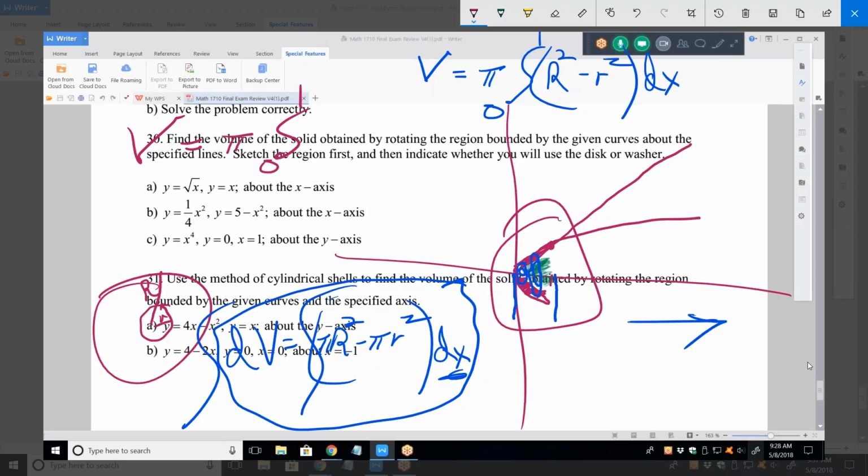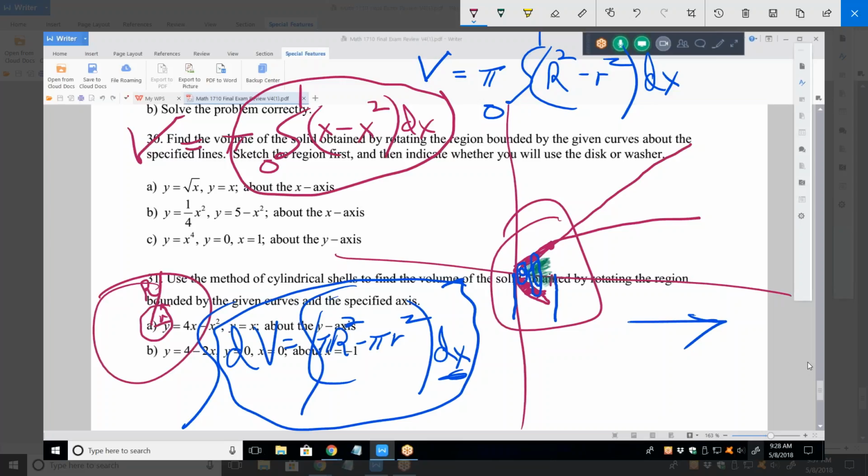Square root of x, squared, which makes it just x. Minus, what's little r squared? X squared. Correct. And all of that is the dx. And now that's a pretty easy problem there. Do you have a need to go through that? No. Okay.